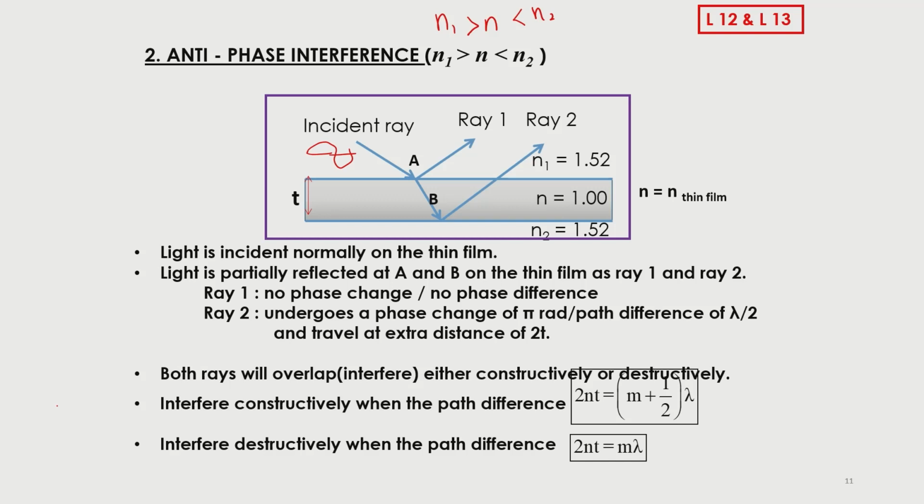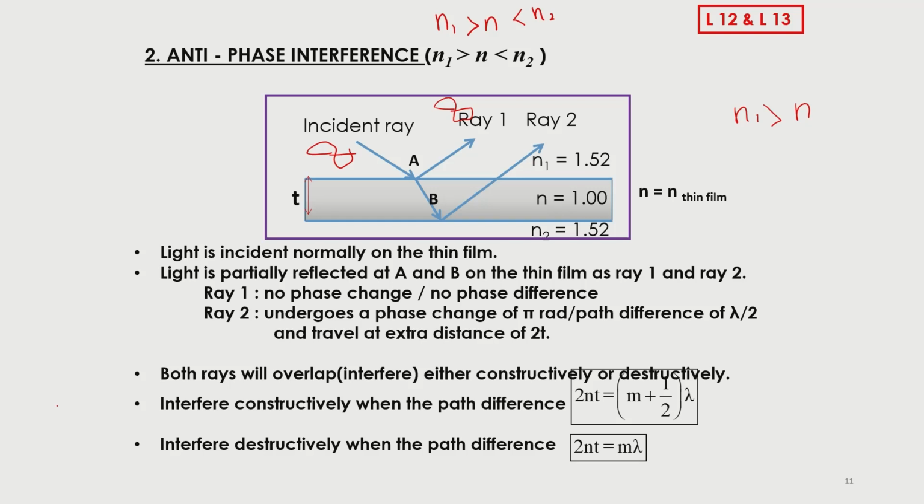No, it does not undergo phase change, because it does not reflect from a boundary at which the index of refraction increases. N1 is higher: the refractive index of medium 1 is higher than the refractive index of the thin film. That's why there is no phase change.